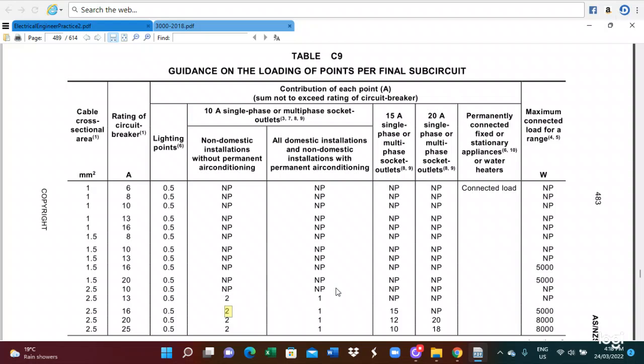So for the 16 ampere, 16 divided by 1, you can install 16 points. But a 15 ampere socket outlet draws 15 ampere, so for the 16 ampere circuit breaker, you can only utilize one socket outlet. This is the way we calculate it. In this case, total power that can be installed is 5,000 watt. So this is the solution of this problem.